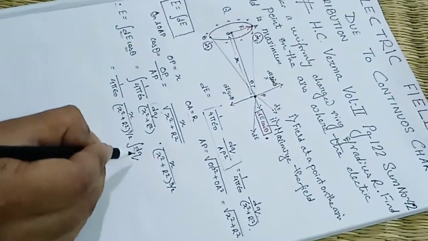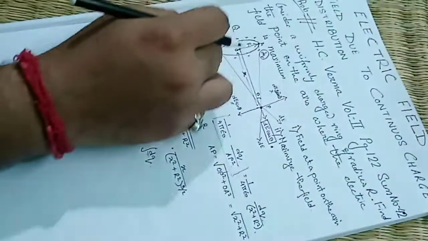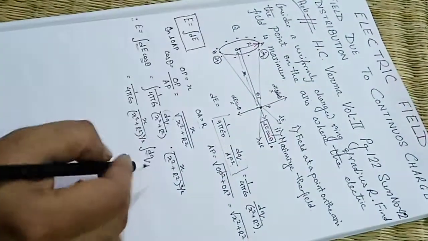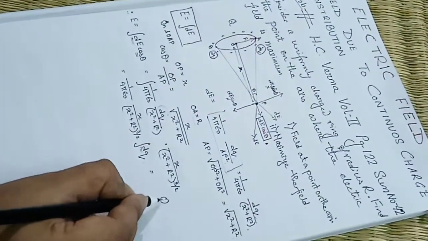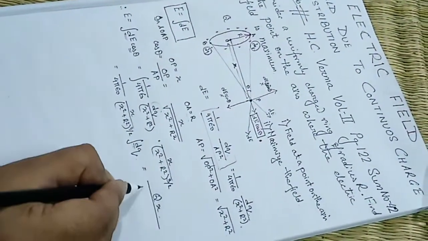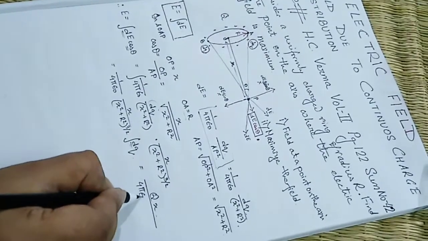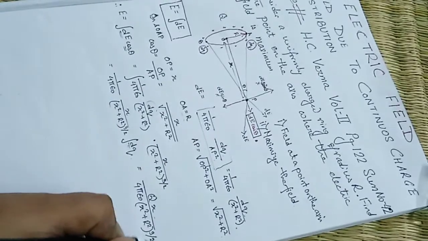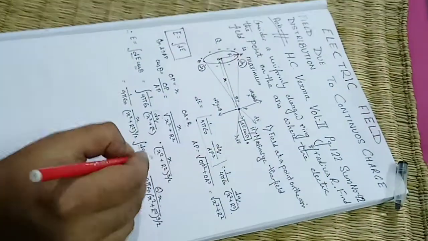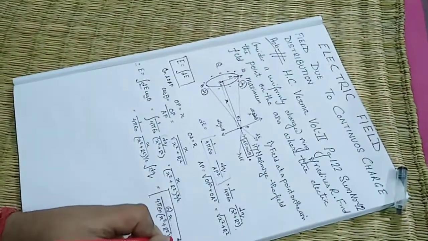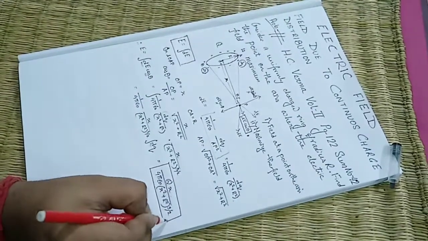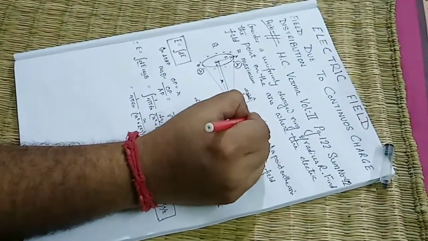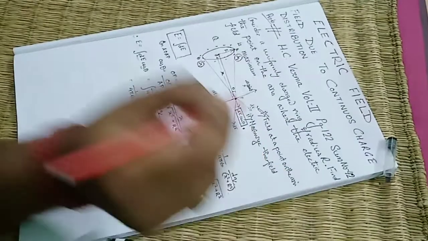What is integral dq? It is the total charge over this ring and is equal to q. So the result is qx by 4 pi epsilon naught x square plus R square whole to the power 3 by 2. This is our desired result for part 1, which is the field at a point on the axis.